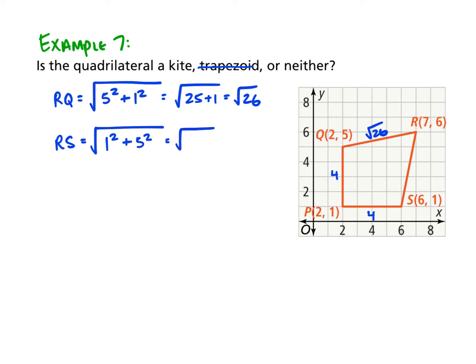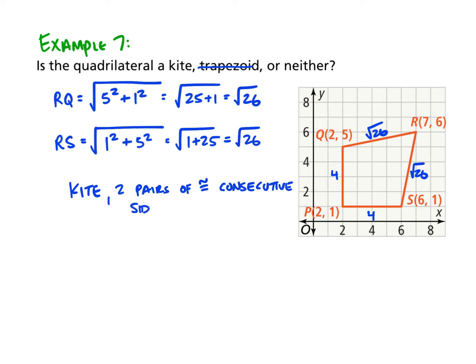So this again is going to be the square root of 1 plus 25, which is the square root of 26. So this is a kite. I can see that it's a kite because it has two pairs of congruent consecutive sides. And that makes it a kite.